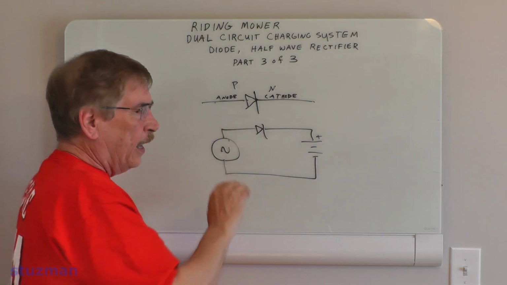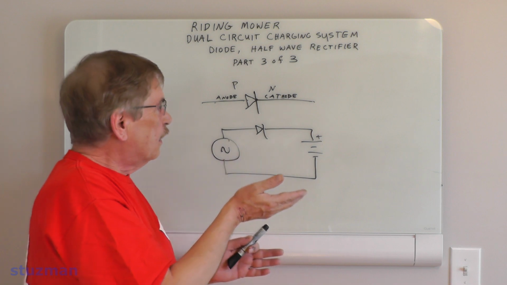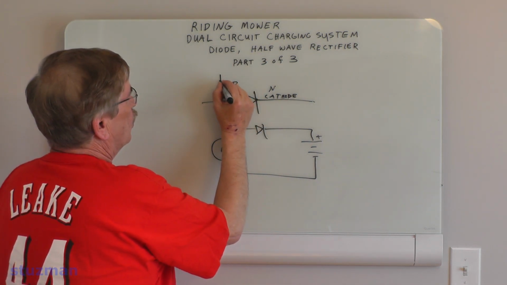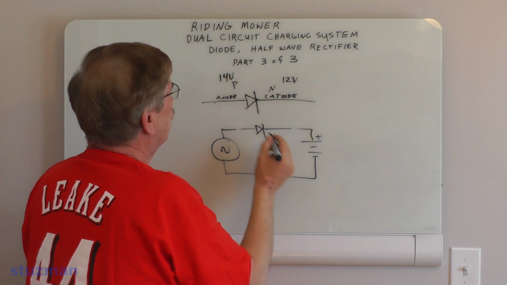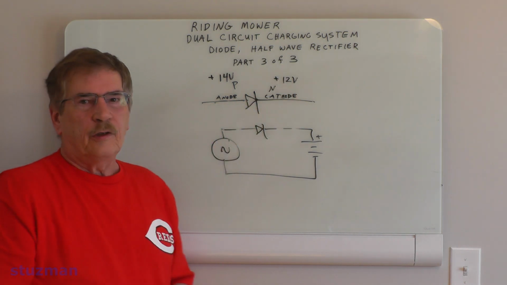The anode has to be more positive in respect to the cathode. For example, if I had 14 volts over here and 12 volts over here, both of them positive, will the diode turn on?